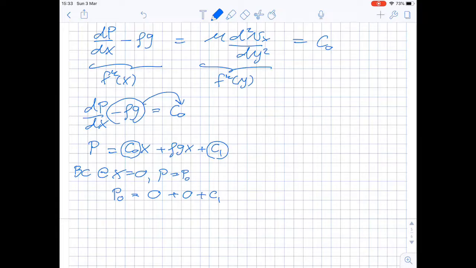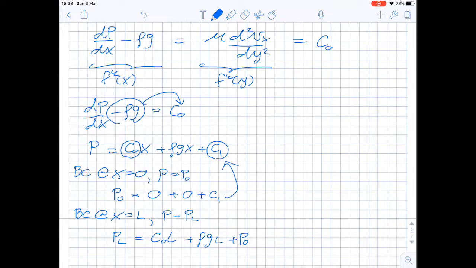So C1 is basically P0. For second boundary, at x equal to L, P is equal to PL. So plug it in. C0 times L plus rho gL plus C1, which is P0.